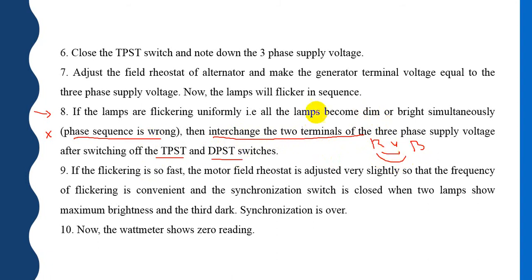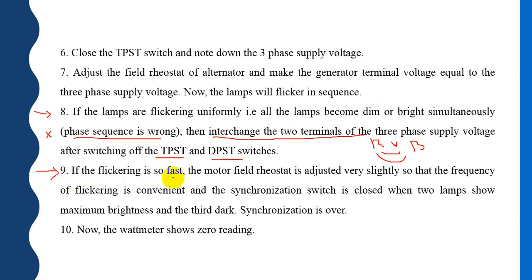If you observe the lamps are dim simultaneously or bright simultaneously, the phase sequence is wrong. Then interchange two terminals. Before changing the terminals, you should make sure the TPST and DPST switches are off.